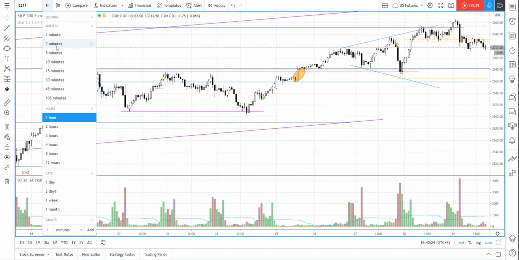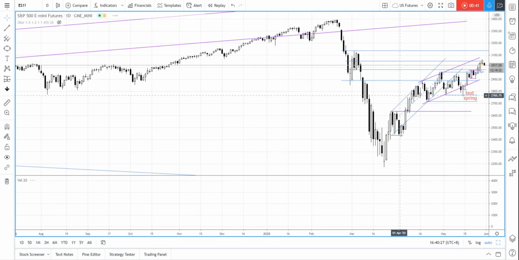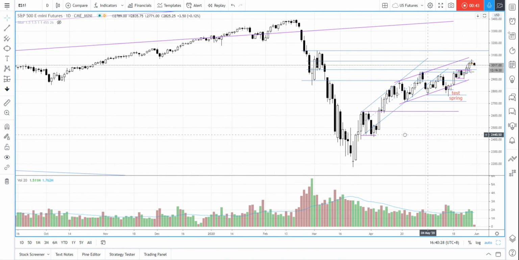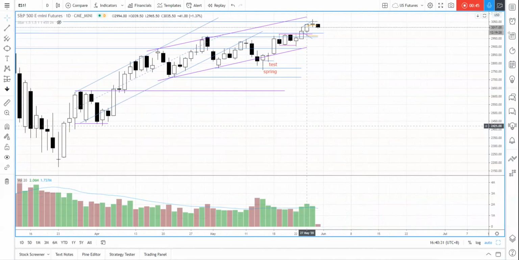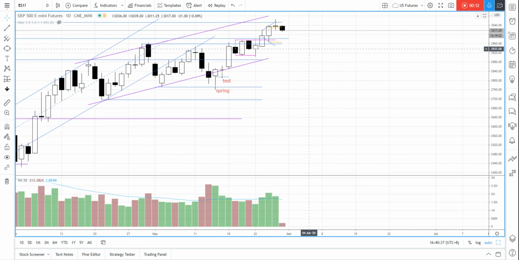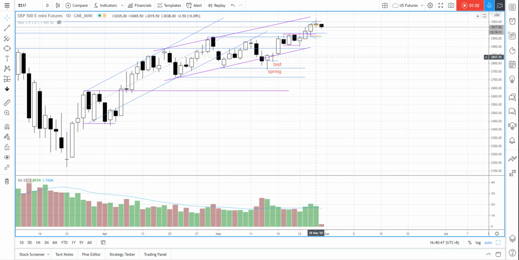Let me just get to the daily time frame so we can have a high level view. As we can see in this daily chart, yesterday was kind of a flat day. We did see the price moving up, and only in the last hour we have seen a sharp sell-off. But still, yesterday was a flat day with slightly above average volume.